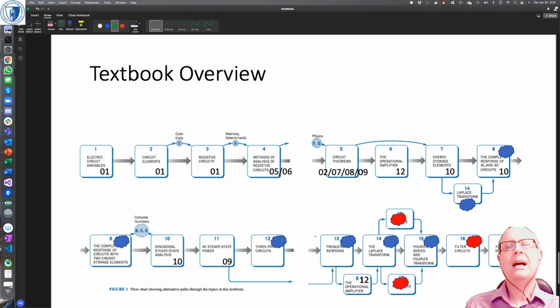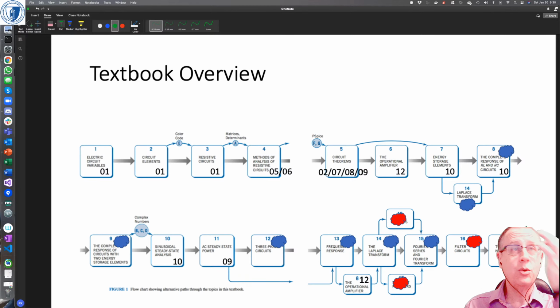The textbook actually covers more than I really need for this course. And you can see the clouds on some of the chapters are the ones that are not that relevant for this course. The red clouds, these ones over here, are definitely not relevant. And then the blue ones are mostly not relevant.